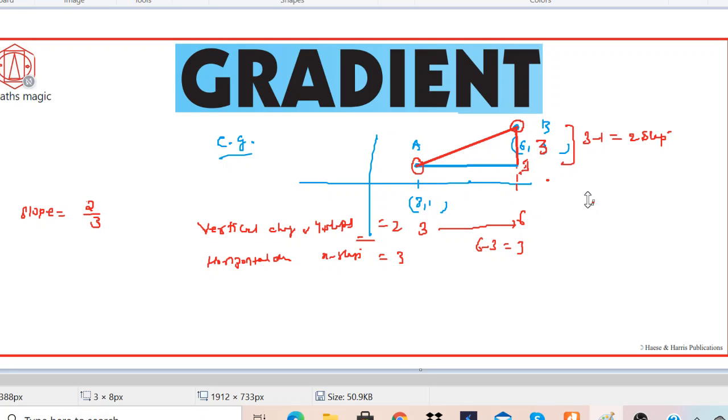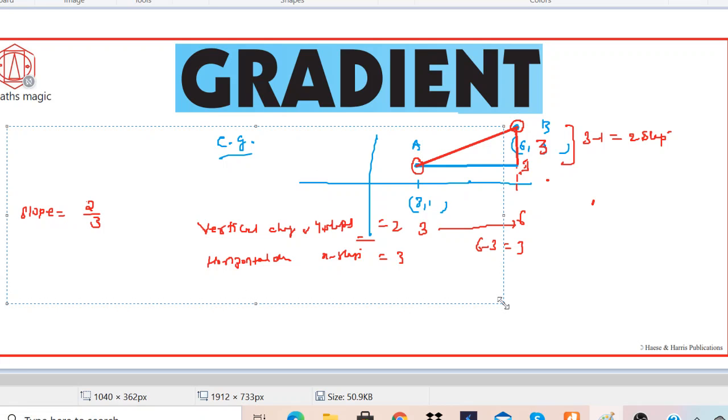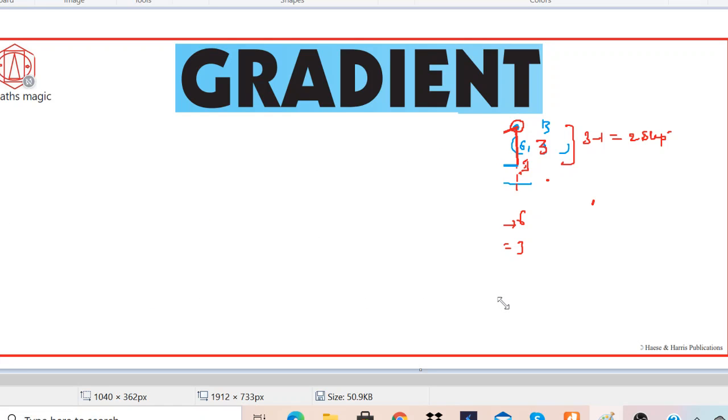Now let's say you are given just coordinates, not the graph. Then how can you find the gradient or slope of a line or line segment directly? I'll give you a formula which you can use in general to calculate the slope of a line.